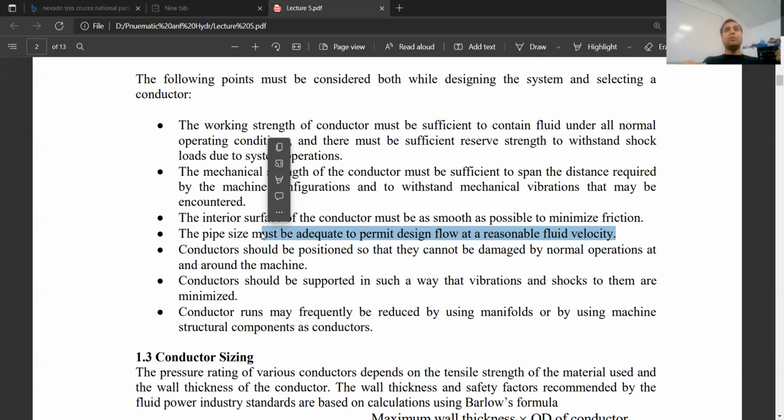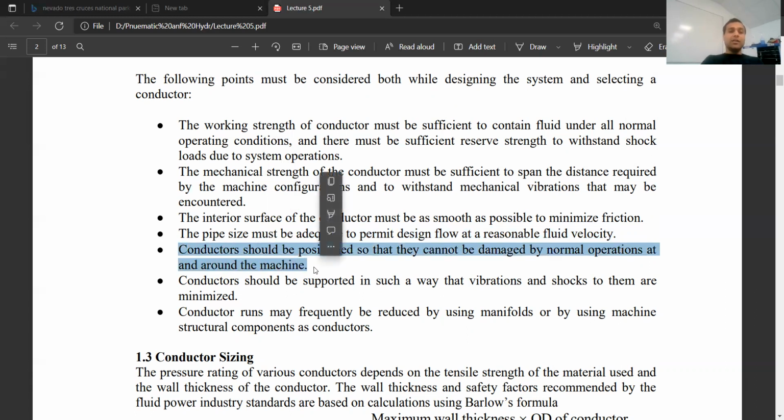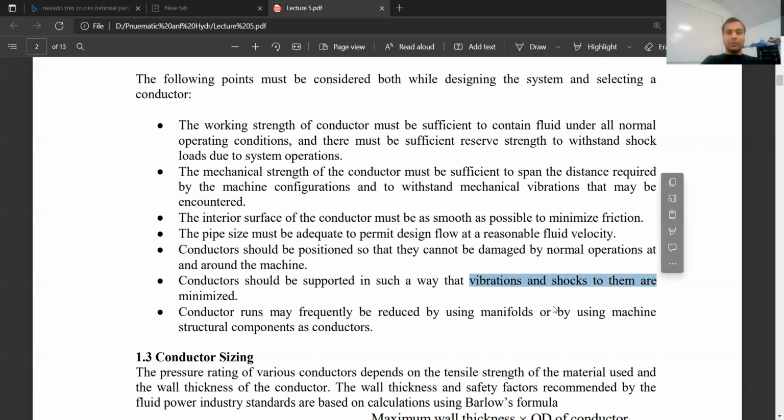Last week we did a question where we had supersonic speed of the water, so that might not be reasonable. We should place the conductor pipes so they don't damage the normal operations of the area around the pipe. We should design in such a way as to minimize vibration and shocks.